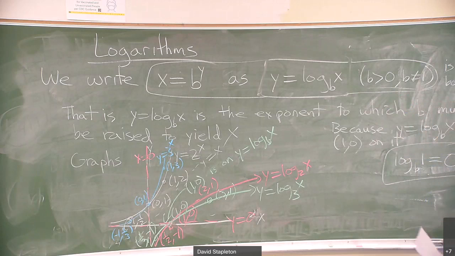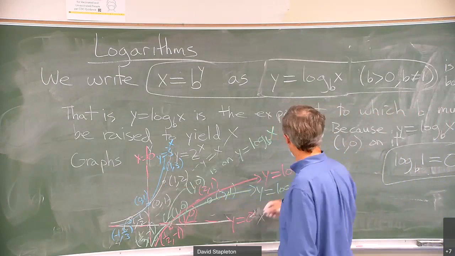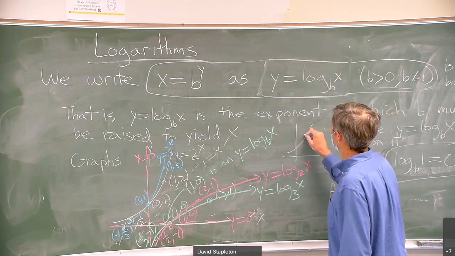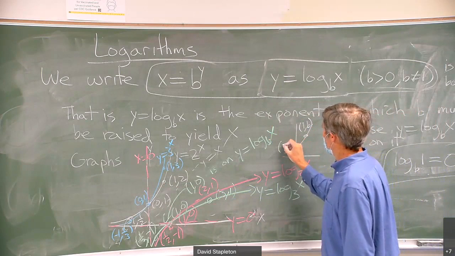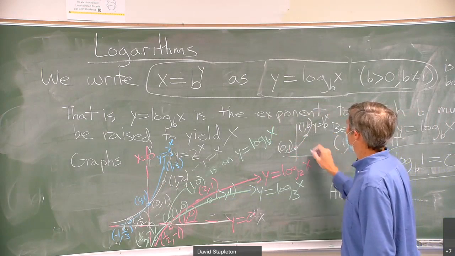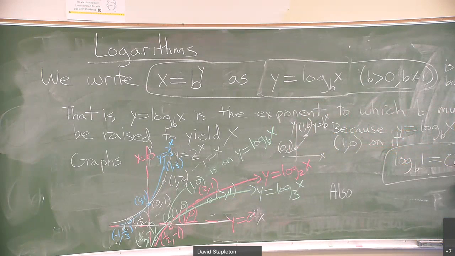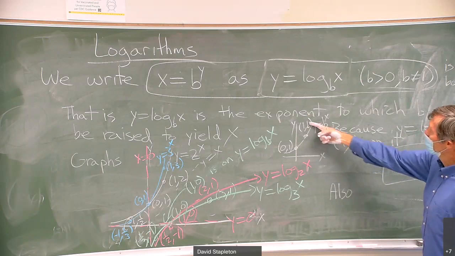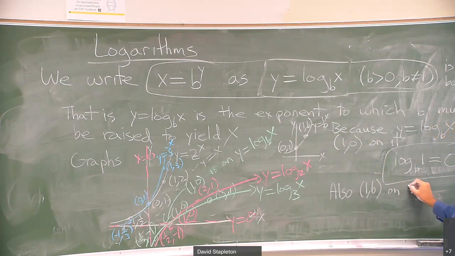So here's a very important property. Here's another important property. What other point did we have on every exponential function? I've also got this important point 1, b, right? I've got 0, 1 on every y equals b to the x function, so 0, 1 says that 1, 0 is on the logarithm. But 1, b is also on y equals b to the x.